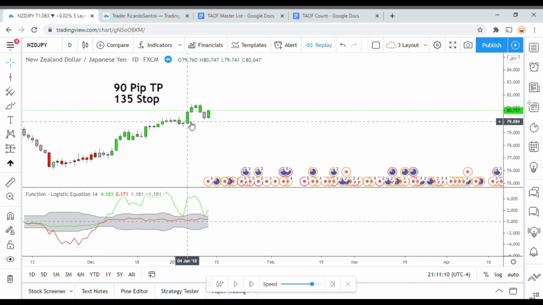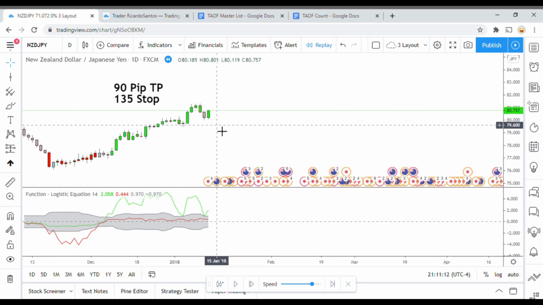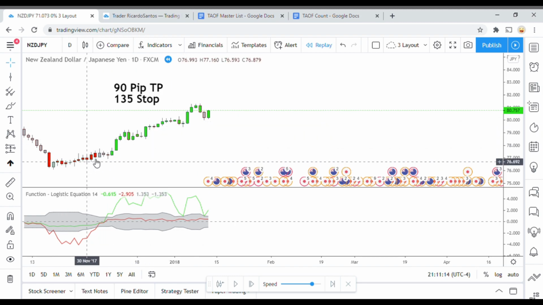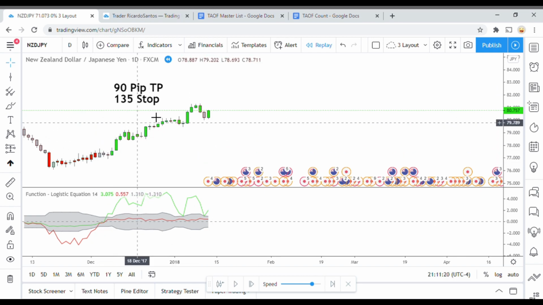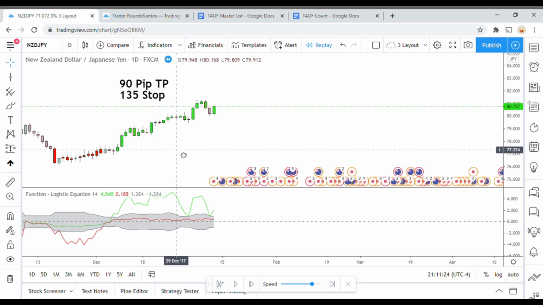Okay, so price action reading here. You see that we've had a good push up, and so we've had quite a few. And this is one of those things where it gets a little bit more challenging.